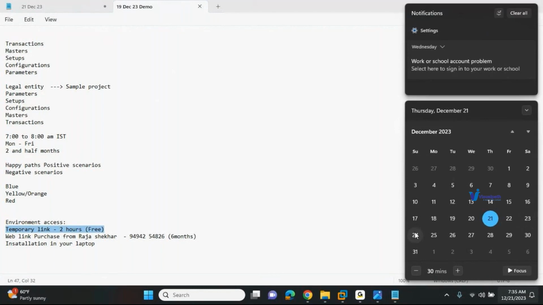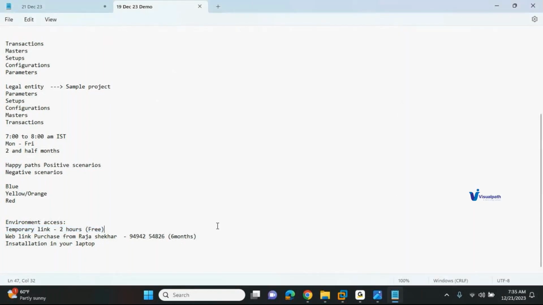On Saturday, Sunday, actually it is off because I will conduct manufacturing sessions. 25th is Christmas holiday. 26th onwards the sessions will be continuous. Whoever has paid the fee, only those people will be allowed. I will give you a temporary link on 26th for practicing.